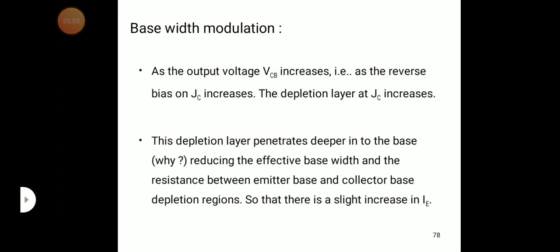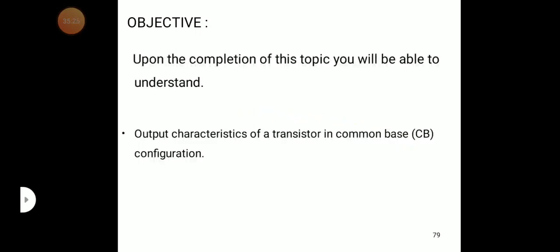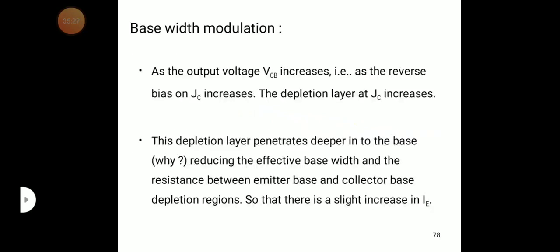This depletion layer penetrates deeper into the base, reducing the effective base width and the resistance between the emitter base and the collector base region, so that there is a slight increase in IE.